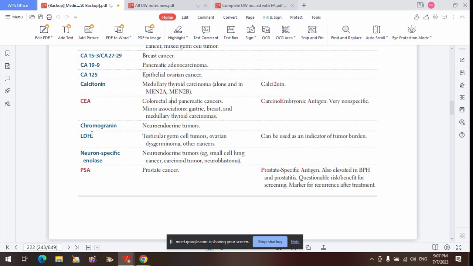So someone that has a pheochromocytoma secreting epinephrine, that's a neuroendocrine tumor. Someone that has an insulinoma secreting hormone, that's a neuroendocrine tumor. Glucagonoma too, because in all those areas we have neuroendocrine cells. One marker for almost all neuroendocrine tumors is chromogranin. Chromogranin is elevated in almost all of them.